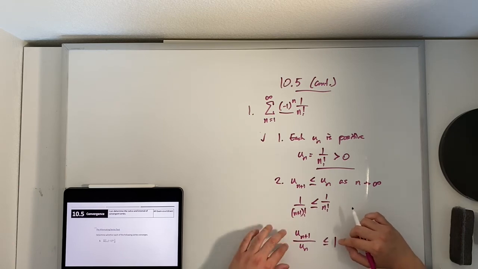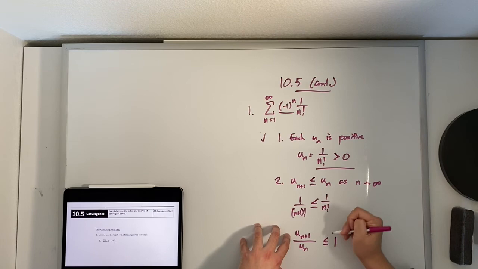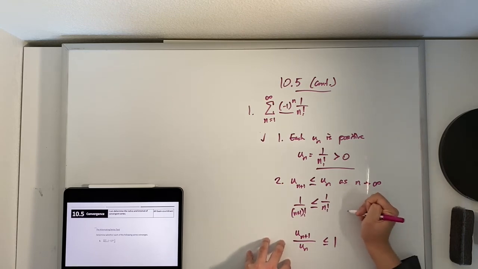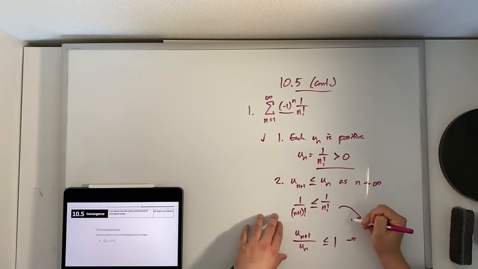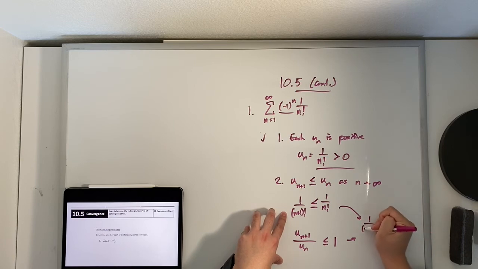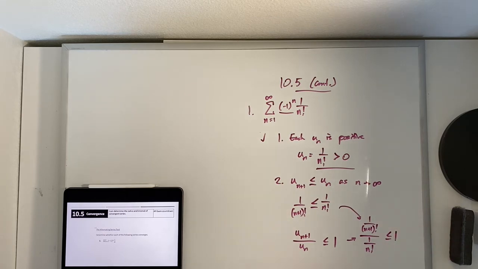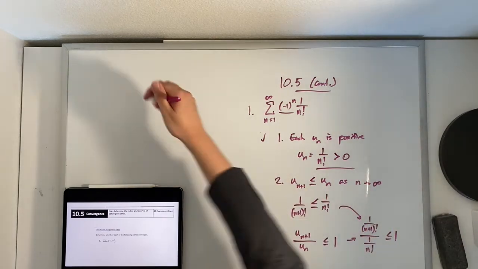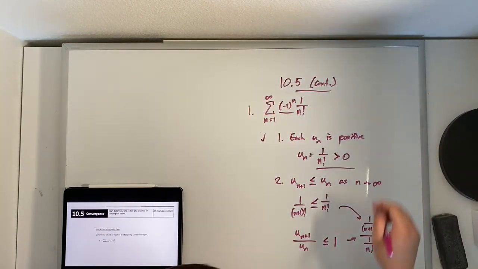Okay, so we want to show, basically, taking these two things together, that 1 over n plus 1 factorial over 1 over n factorial is always less than or equal to 1. Is this always true? Well, we need to simplify this a little. Okay, and I've run out of a bit of room here, so I'll come up over, I'll do it down here.